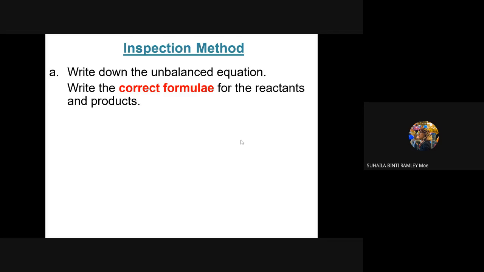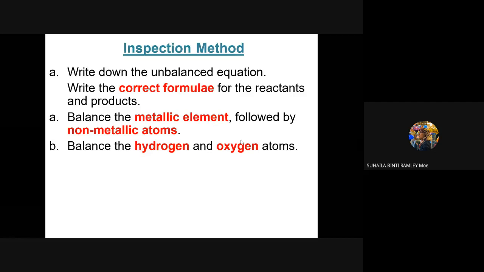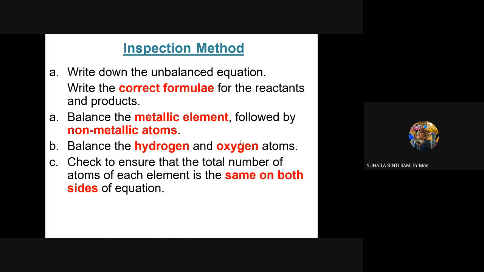Second, balance metallic element first. Metal yang kita start balance, kemudian baru kita balance non-metallic, for example oxygen, hydrogen. Then balance hydrogen, oxygen. Check total number for each element pada both sides sama.